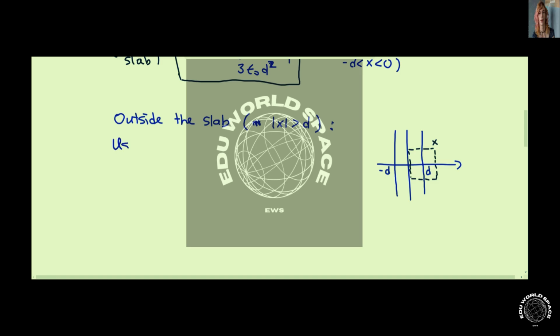Using Gauss's law, the closed surface integral of E dA equals Q enclosed divided by epsilon naught. The left hand side will just be E times A, for the same reason as before: at x equals 0 the E field is 0, so there's no flux on that side.